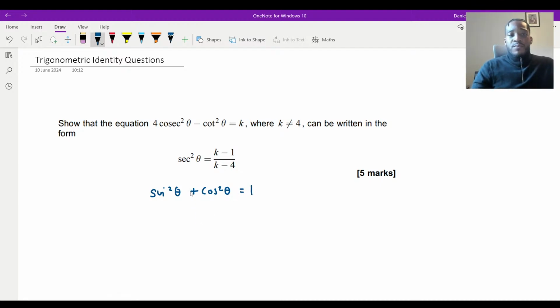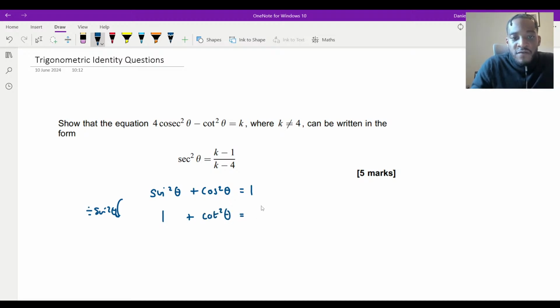And then if I want, for example, cosec squared and cot, the one that connects them, I'm going to have to divide by sine squared, aren't I? If I divide everything by sine squared, sine squared over sine squared will be 1. Cos squared over sine squared, that's going to be cot squared.